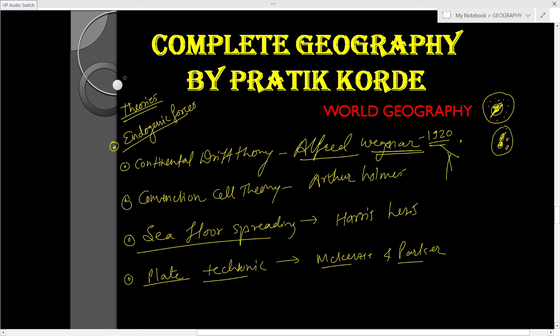The first force was gravity, or you can say the interaction between gravity, pole fleeing force, and buoyancy. This was basically the reason for equatorward movement.